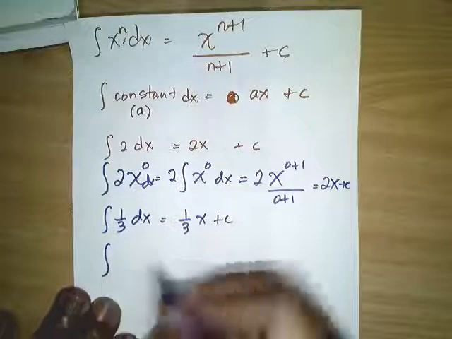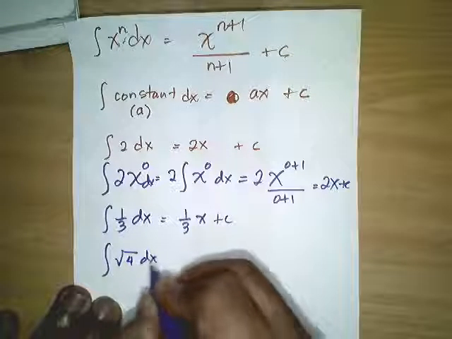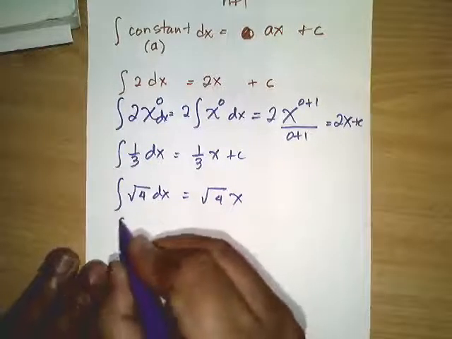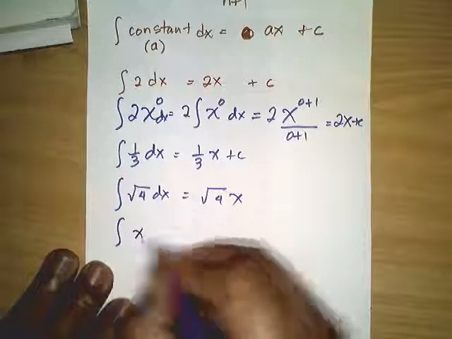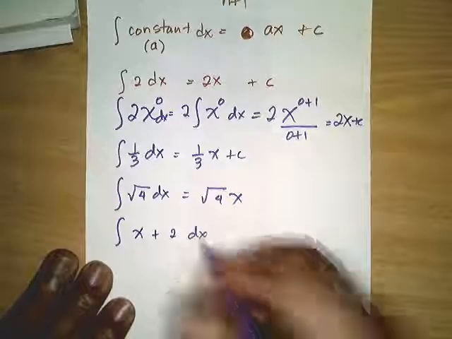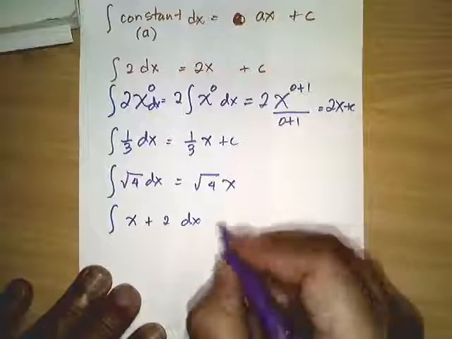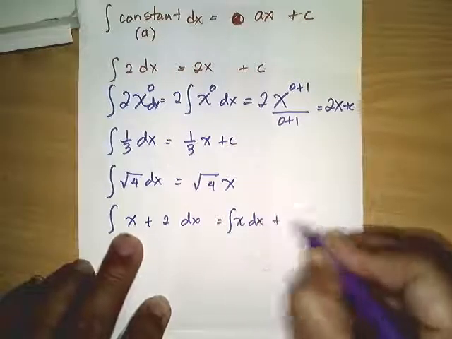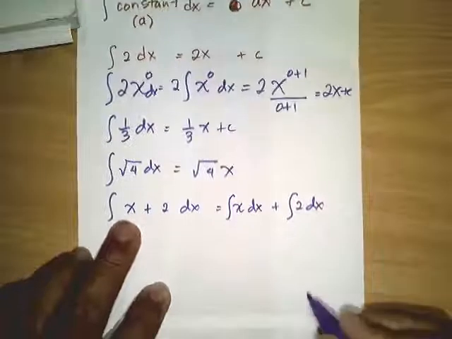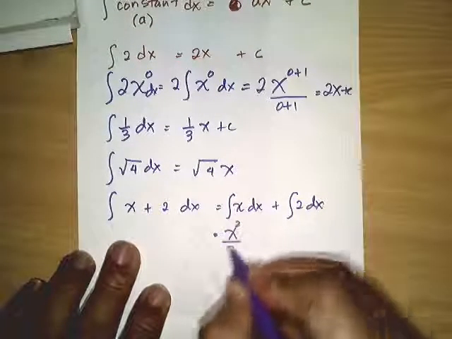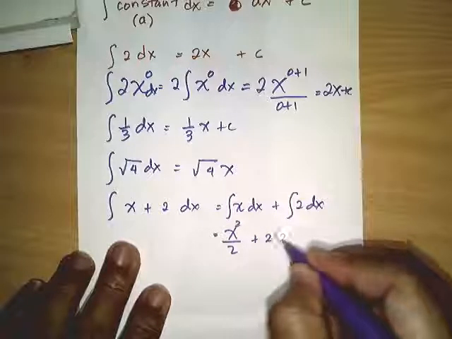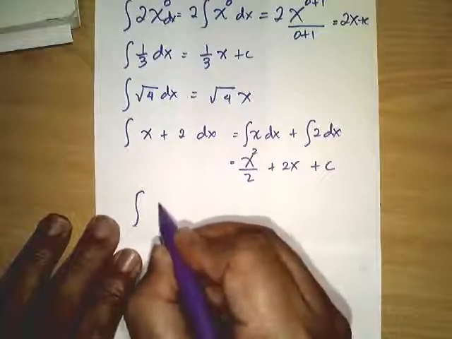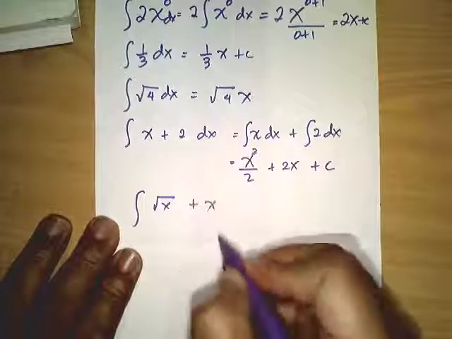If you have, for example, the integral of square root of 4 dx, that's equal to square root of 4 times x. If you have the integral of x plus 2 dx, you can separate that one by one: the integral of x dx plus the integral of 2 dx, which will give you x squared over 2 plus 2x plus c.